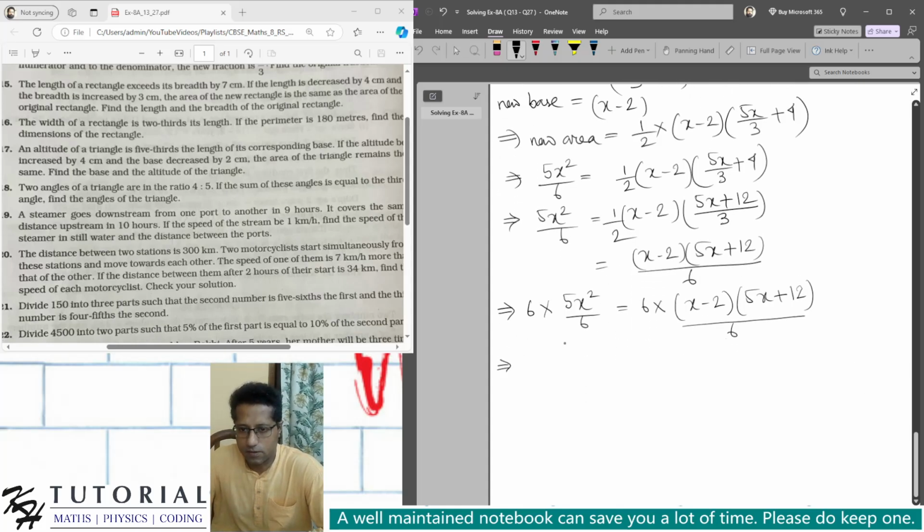If we simplify further, the LHS becomes 5x square, and the RHS becomes x minus 2 multiplied by 5x plus 12.